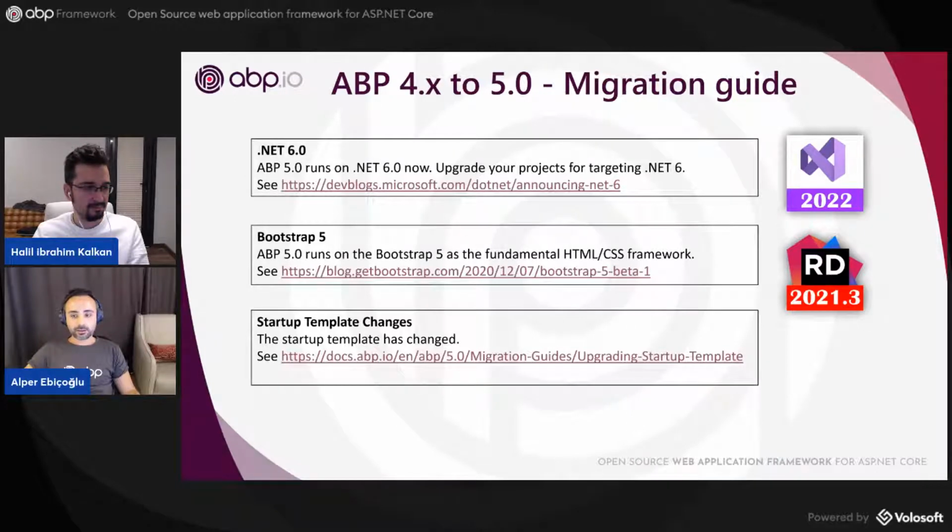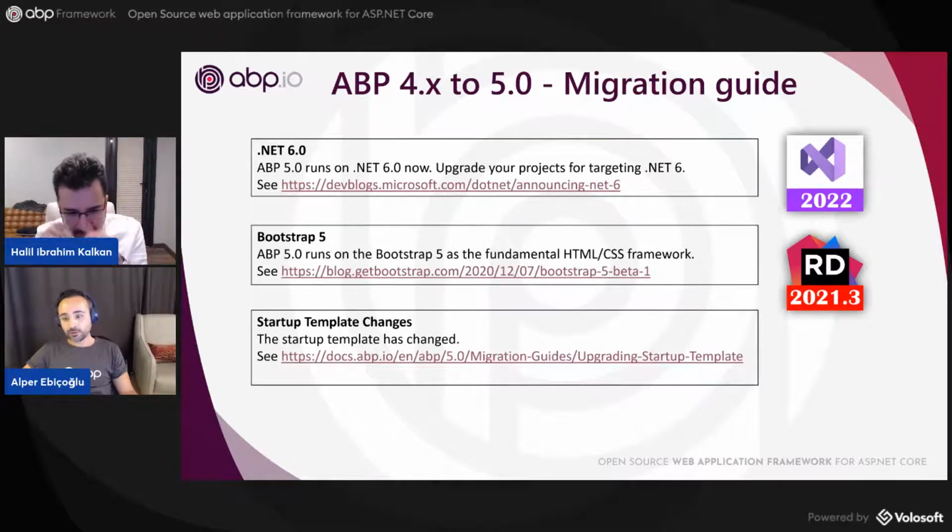Some CSS classes are dropped in Bootstrap 5. There are replacements or ways to achieve the same result, like data attributes transformed to data-bs. In the new ABP templates, we have applied these changes and successfully migrated to Bootstrap 5. Check out Bootstrap 5's blog post for more information. ABP 5 uses Bootstrap 5 as the fundamental HTML CSS framework.